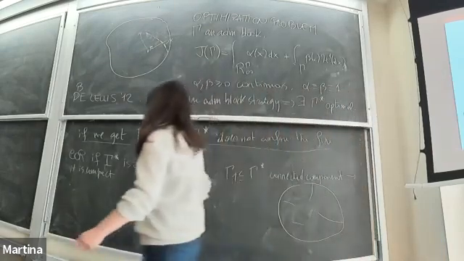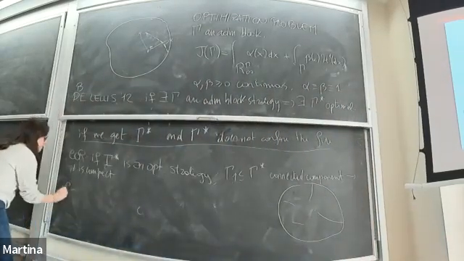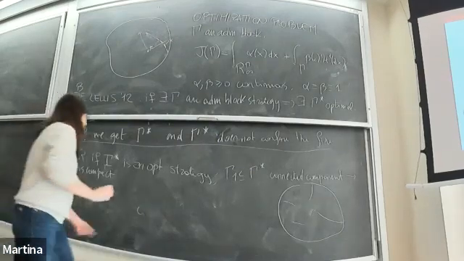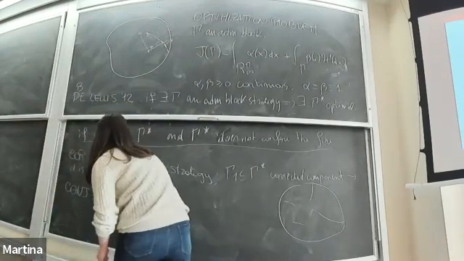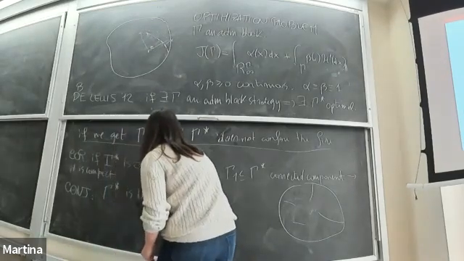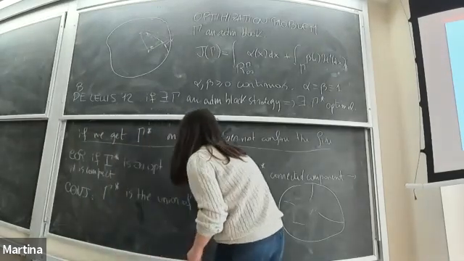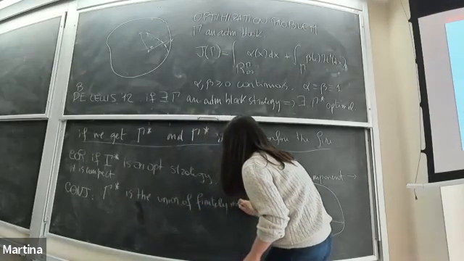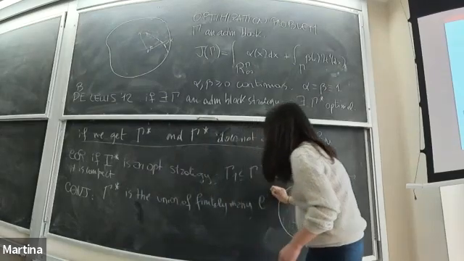And so there is another conjecture which is quite hard. Gamma star is the union of finitely many C1 arcs.